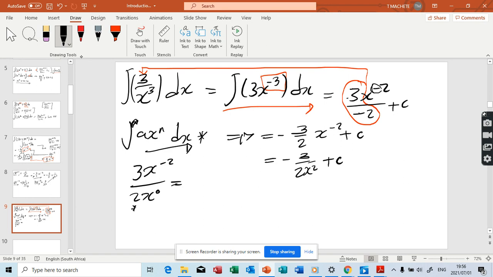So in the next example, you're going to apply that rule. Just know that this is raised to the power 0. That's why it does not have any effect, and your answer will be just 3 over 2 x to the power minus 2, sorry, plus 2. It has no effect because x is raised to the power 0.